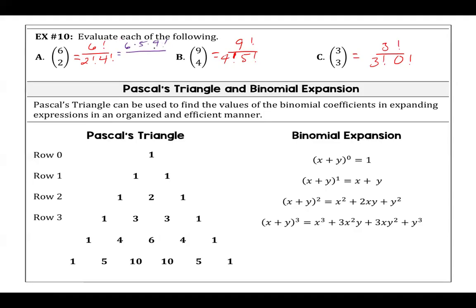Why? Because in my denominator, I have 4 factorial, and I can cancel it out. Now I'm just left with basic multiplication. 6 times 5 is 30, and 2 factorial means 2 times 1, which is 2. So this equals 15.